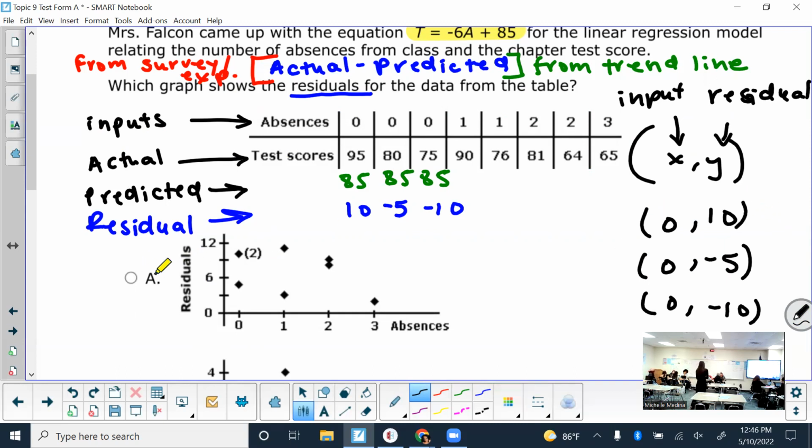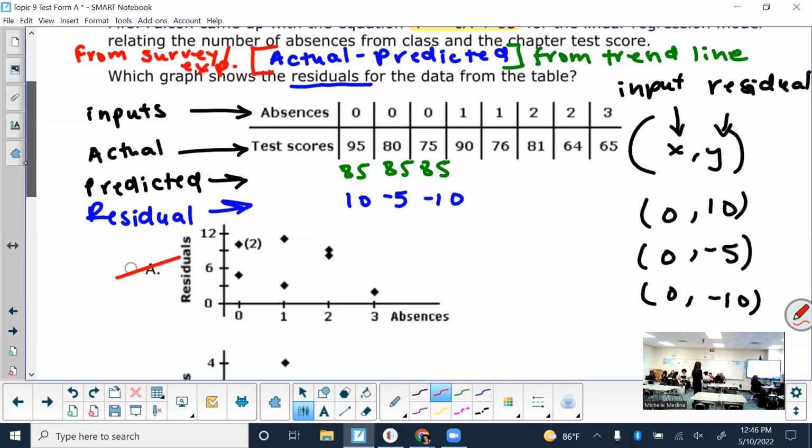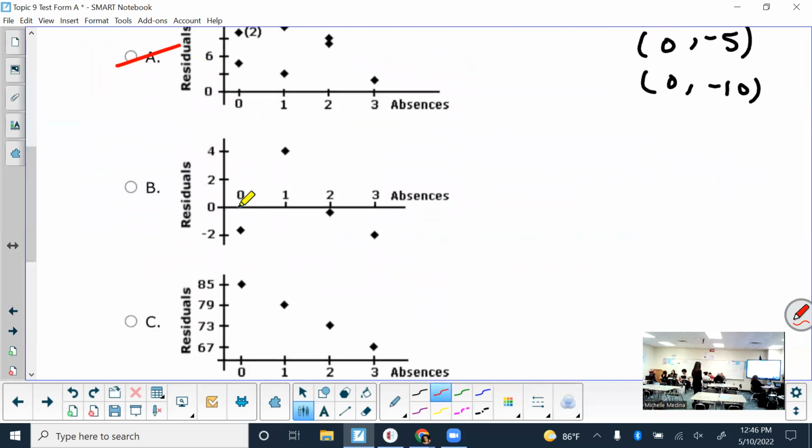So for answer option A, are there 3 different dots on the 0? There's a total of three, but 2 of them are the same. Make sense? So it shouldn't be A, because they should all be different, right? Would it be B? No, because are there 3 dots on the 0?